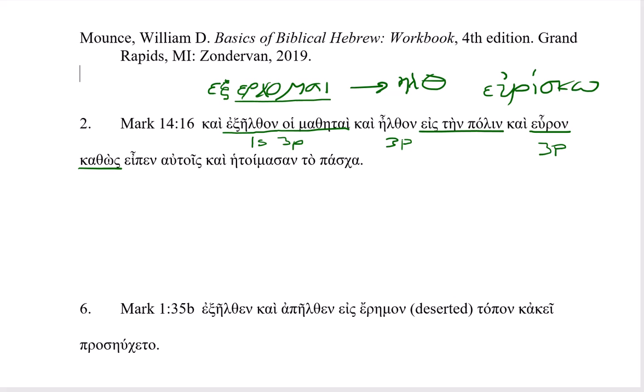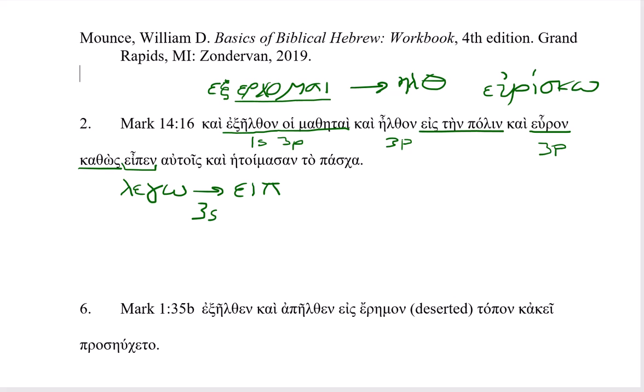And they found, kathos eipen. So here we have another case. This is lego, and the stem changes. Stem changes to eip. Again, it's going to be third singular this time because this is what Jesus said.